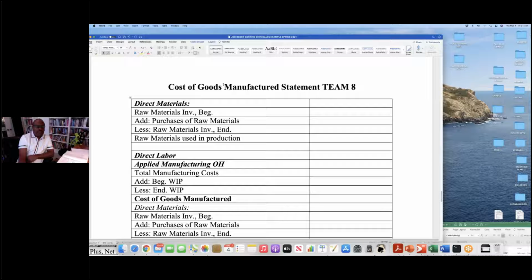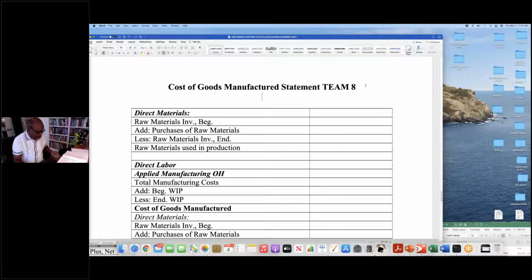For the most part, you can work with the raw materials and work in process T accounts to get this done.